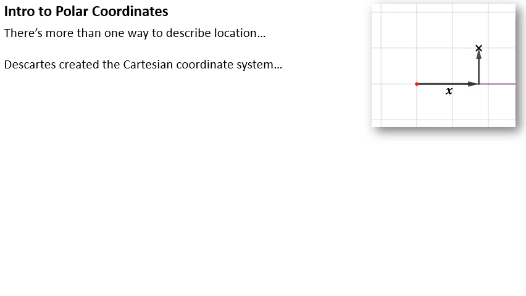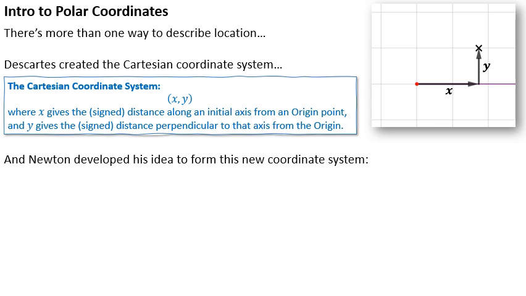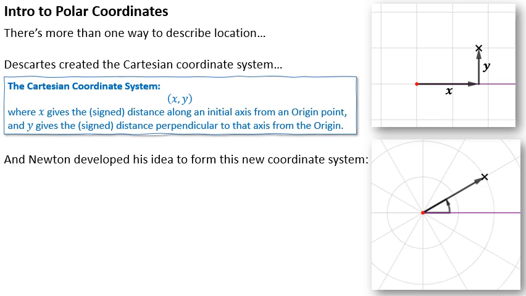So the standard coordinate system that Descartes came up with, we have an x and y coordinate, and those give us a sense of how far to the right and how far up we are from the origin. But we can describe the same point, the same information, in a different way if we use this adapted coordinate system.